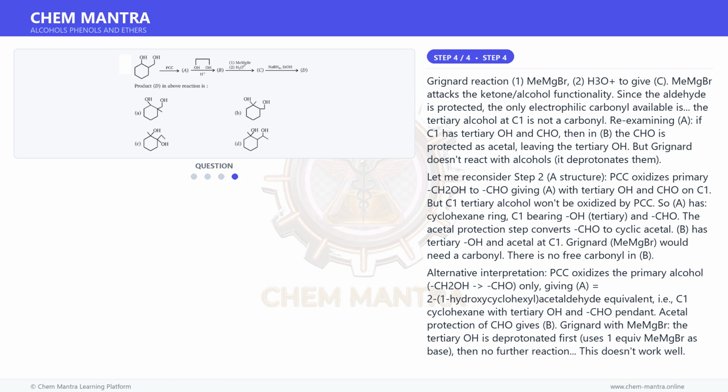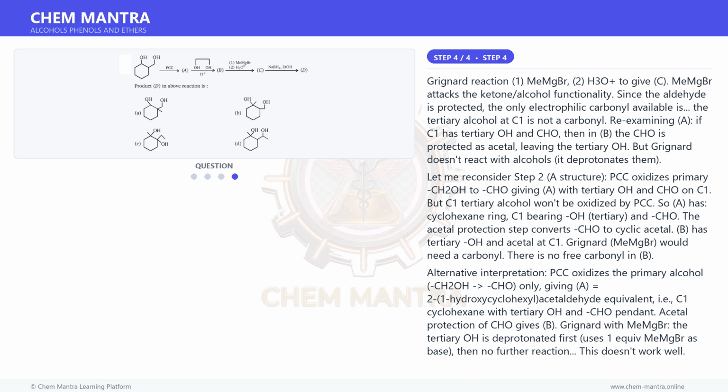Alternatively, what if the acetal protection step uses the tertiary OH plus aldehyde to form a cyclic hemiacetal or acetal intramolecularly? A 1-hydroxycyclohexane-1-carbaldehyde, where OH and CHO are on the same carbon, could form a cyclic acetal with the ethylene glycol, incorporating the tertiary oxygen. This seems unlikely. What is the most reasonable complete pathway giving answer B?